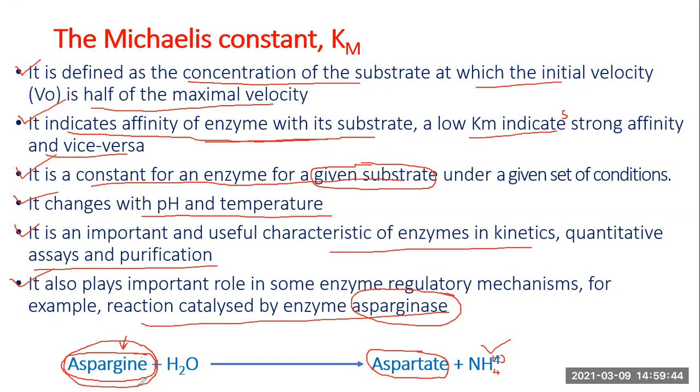That particular enzyme will be capable of very rapidly converting asparagine to aspartate, not allowing it to be used by the WBCs. So that particular asparaginase will be efficient in controlling the growth of the WBCs.